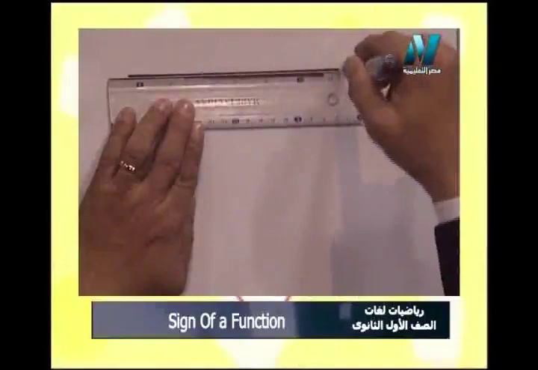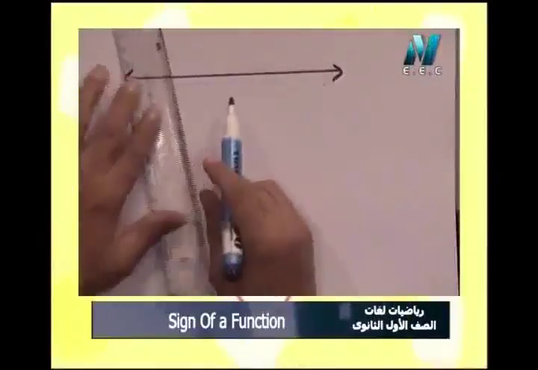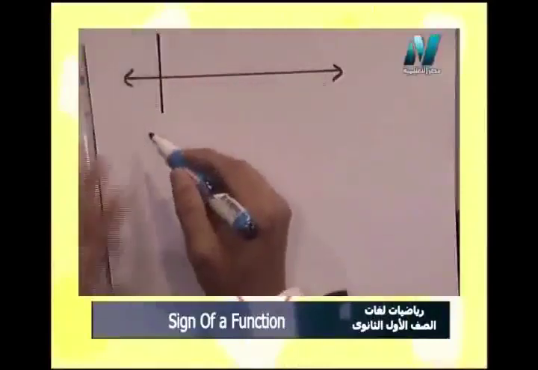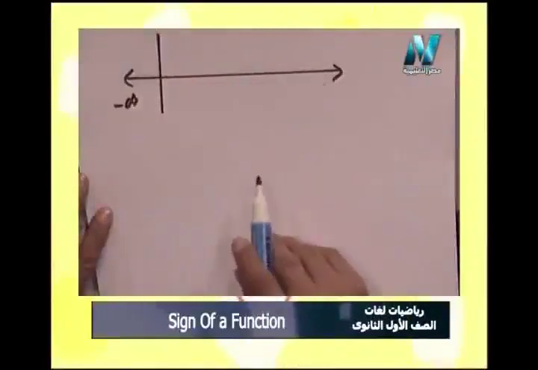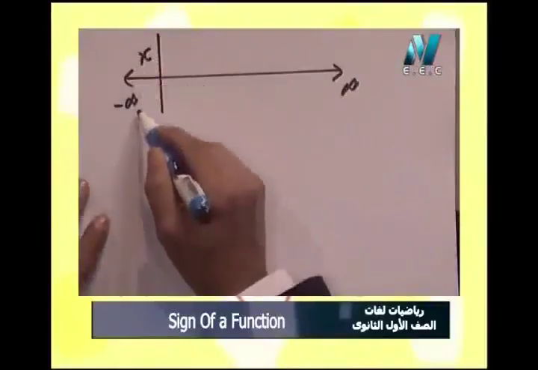The last part will be as. So concentrate with me to draw a number line here. If we have two roots, or the discriminant is greater than 0, will be right here. This is negative infinity, this is positive infinity. This is x, and this is f of x.